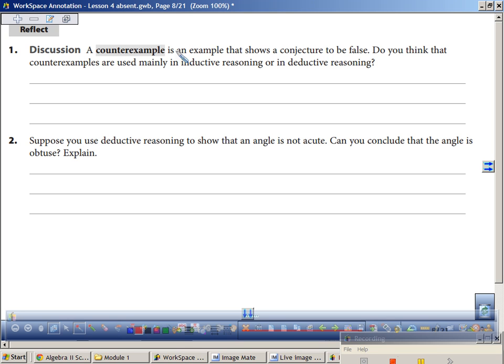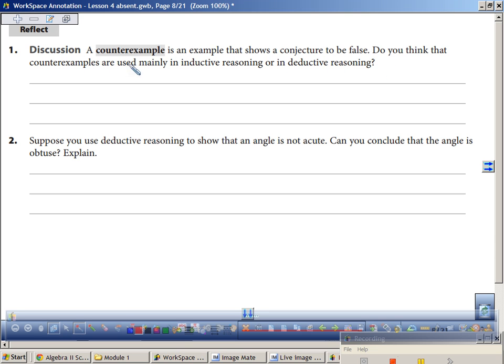What about 0? Does it work with 0? So it works with 0, it works with 1, I bet you it works with 1,000,000. But what's it not going to work with? Negative numbers. That's a counterexample. Okay, so a counterexample is an example that shows a conjecture to be false.